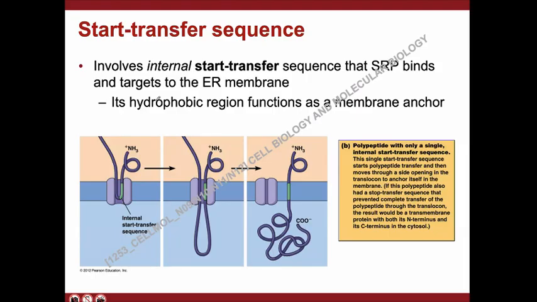The second mechanism will involve membrane proteins without a typical signal sequence at the end terminus. Instead, these proteins have an internal start transfer sequence. This internal start transfer sequence is where the SRP binds and targets to the ER membrane.